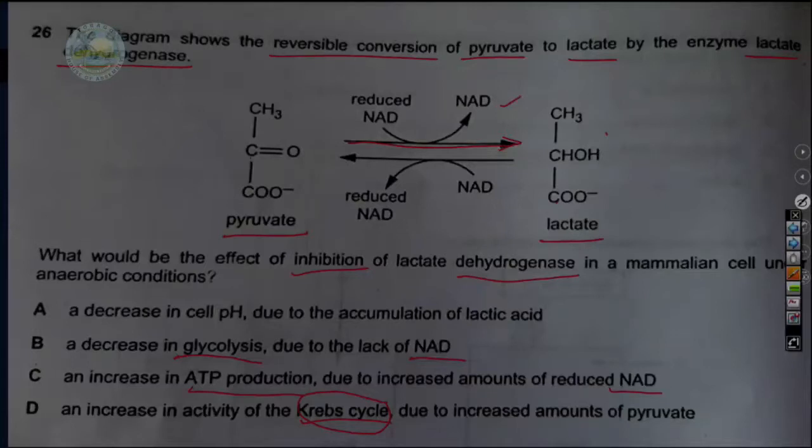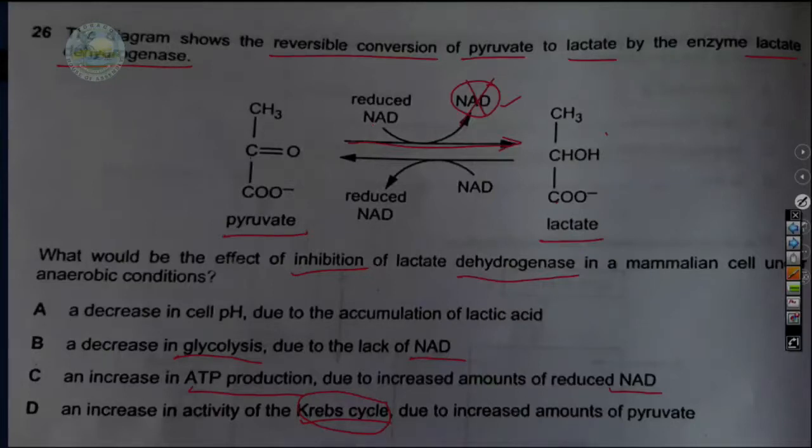So it is accepting the hydrogen from NADH to become this. So if this process cannot take place, then we are not going to be producing NAD. Good? Because if something blocks this process, we will only have NADH, which is reduced NAD.